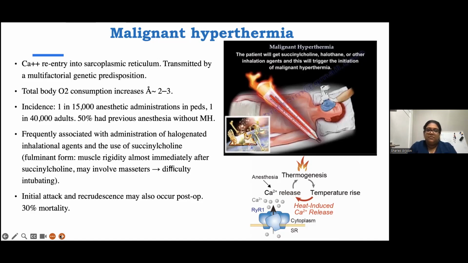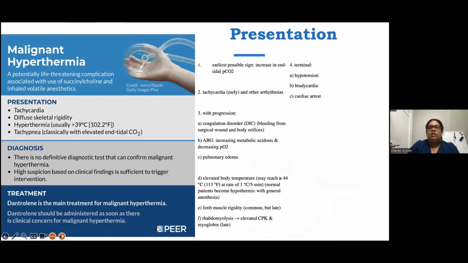In the fulminant form, there's muscle rigidity almost immediately after succinylcholine, and it may involve the masseter, so there's difficulty intubating the patient. The initial attack and the recurrence may also occur post-op, with a 30% mortality. So the presentation: the earliest possible sign would be an increase in the end-tidal PCO2, tachycardia, and other arrhythmias.